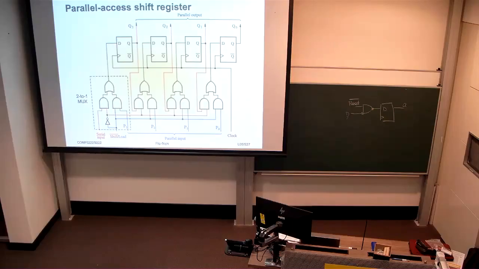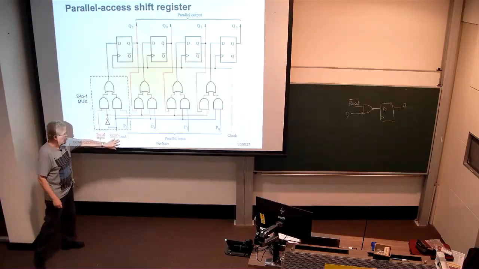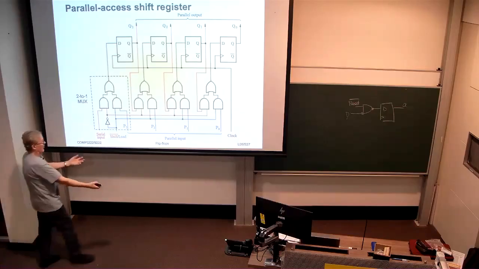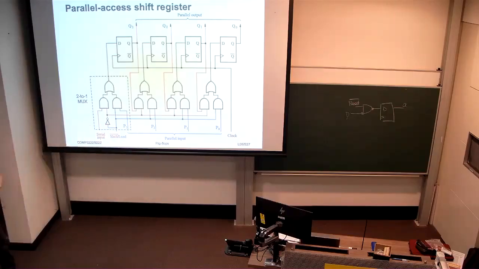So we see the output of one flip-flop being not just sent to the top, but also being presented as input, which when we're shifting, when the inverter output is active, gets transferred into the data input of the next flip-flop on the next active clock cycle. In that way, depending upon what we set this shift load control signal to, we're either shifting the contents of the register over by 1 bit at a time, every clock edge, or we're loading in parallel data from external to the register into the register.